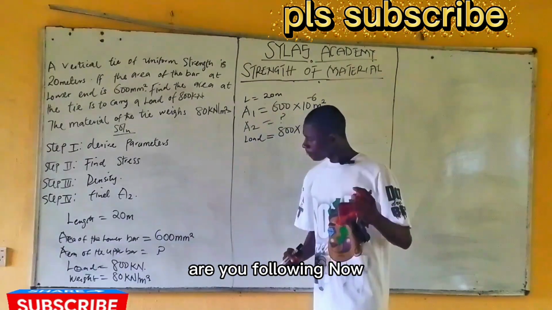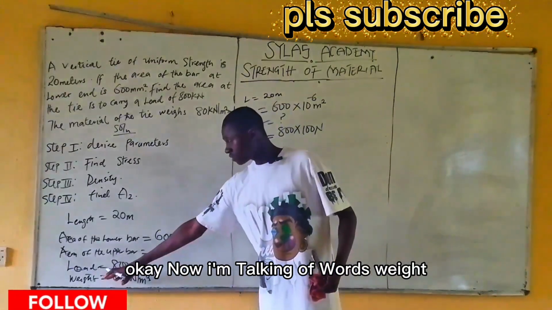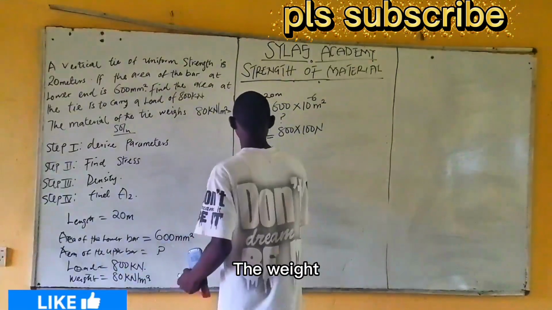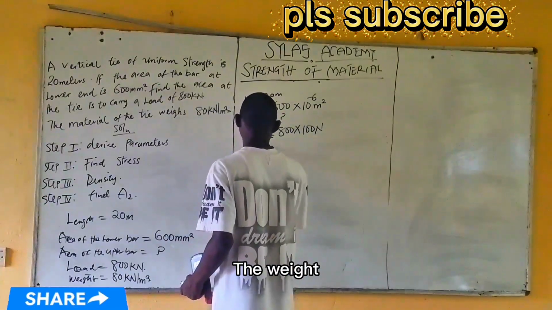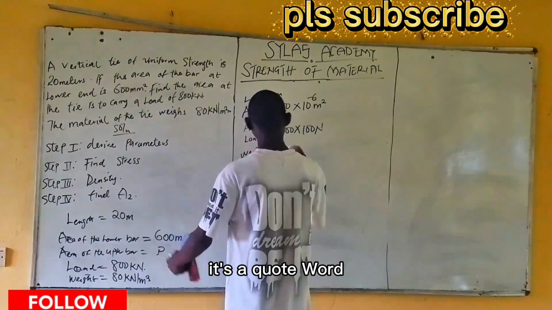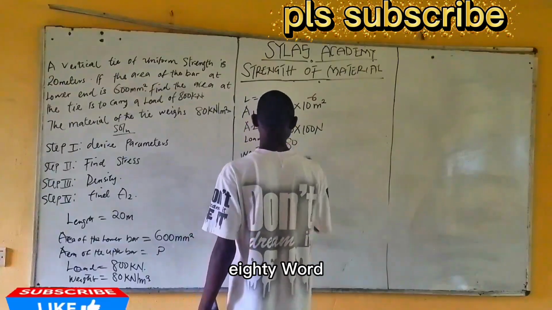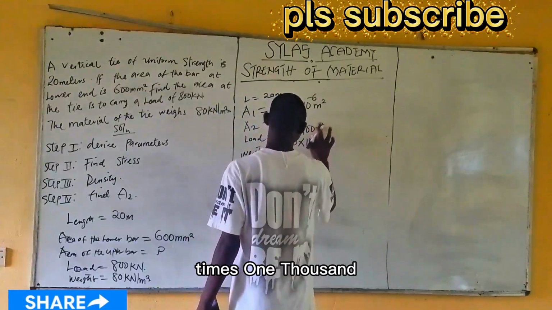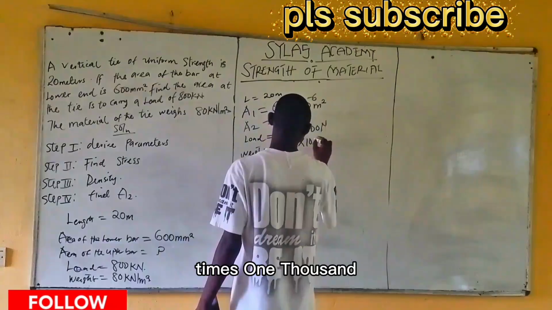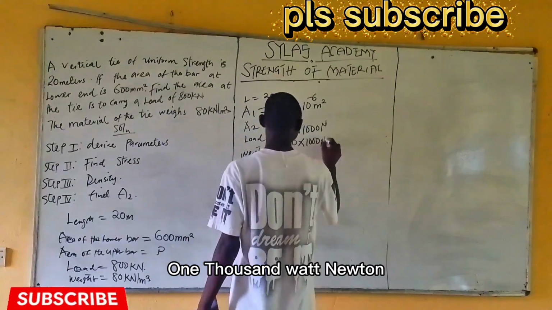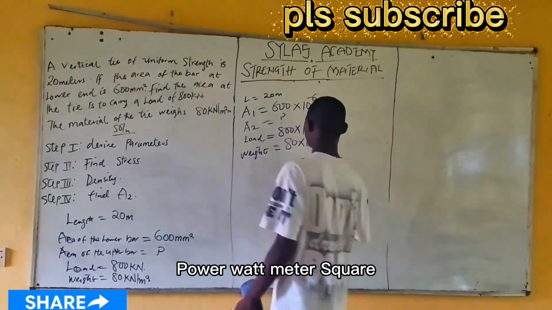Are you following now? Now I'm talking of weight. The weight is equal to 80 times 1000 Newton per meter square.